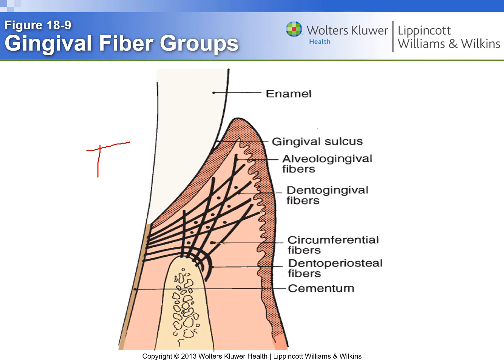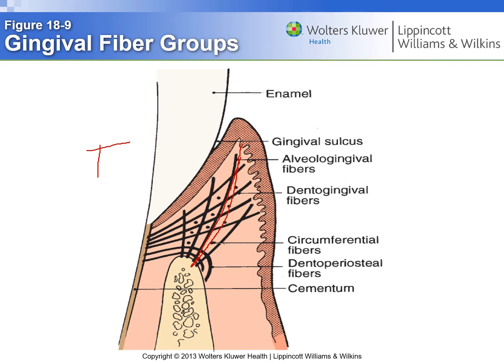So here's the alveolar, here's your bone and the gingiva. So this alveolo-gingival is going to be principal fibers that go from your bone up to the gingiva.